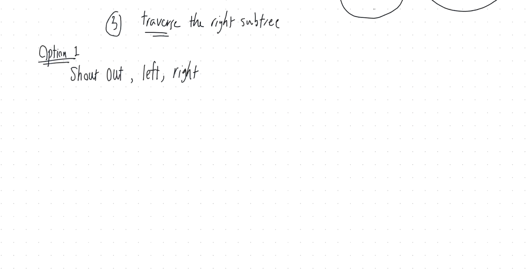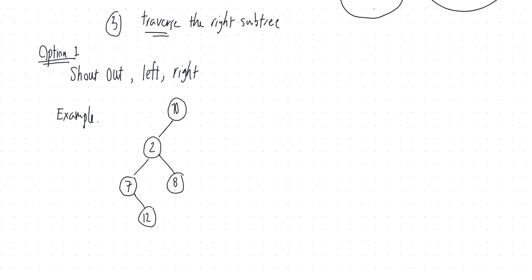Okay, now let's do an example. This is my binary tree. I have 10 here, 2 on the left, not in any specific order. 7 here, 8 here, 12, 5, and then on the right, I have 9, and to the right of that, I have 13.